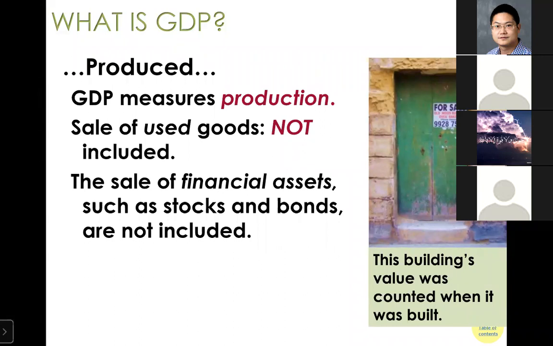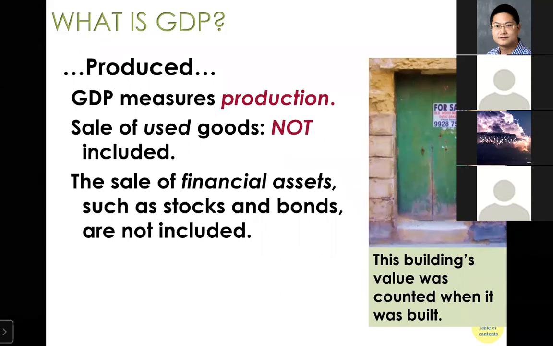So the housing value that shows up in the transaction is not part of GDP. However, this agent who provides a service, right, then there's a charge. So those charges are considered GDP.